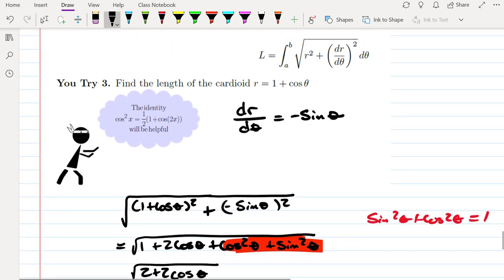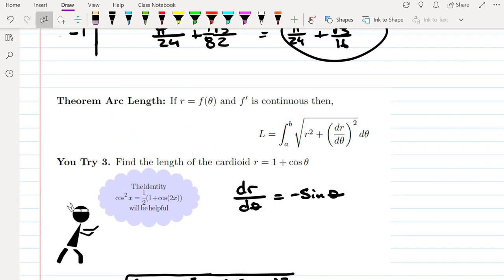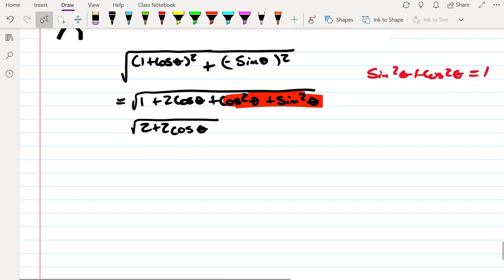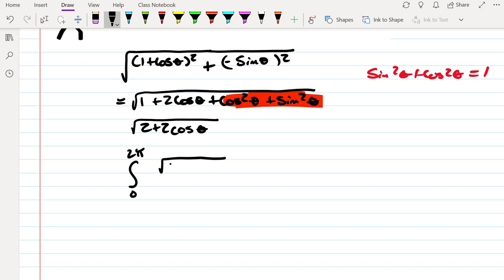Now we want to find the arc length of this cardioid, so we need to integrate over one period, which is 0 to 2 pi, of the square root of 2 plus 2 cosine theta d theta.